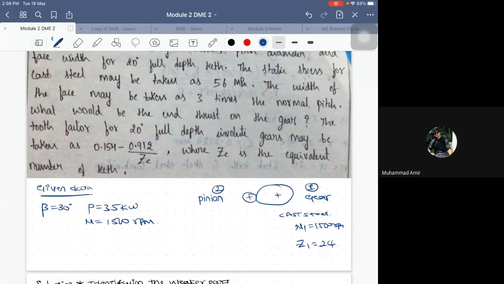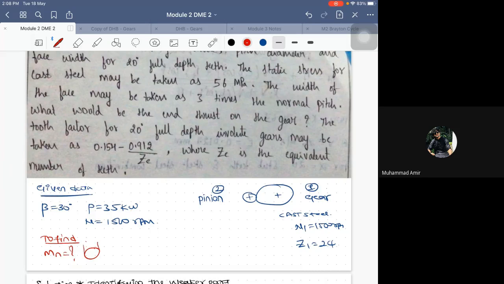Determine the necessary module. So these are the parameters to be found. Module is being questioned. Next, pitch diameter. So diameter is being questioned.